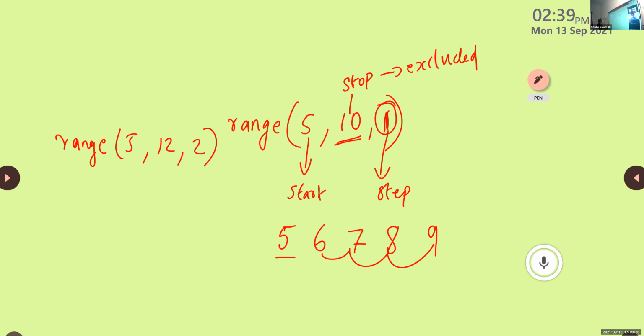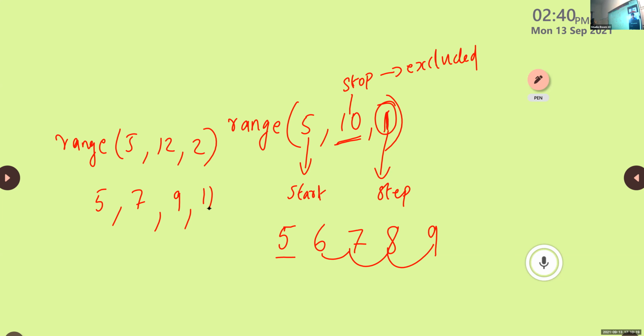So 5, comma, the incrementation value or step value is 2. So 5 plus 2, 7. Then 7 plus 2, 9. 9 plus 2, 11. Okay. So 11 is the last value. 5, 7, 9, 11 are the values based on this range function.